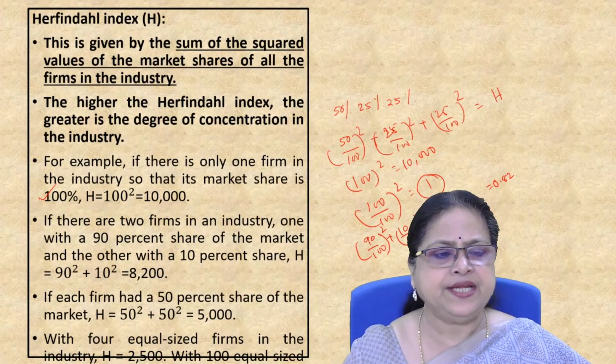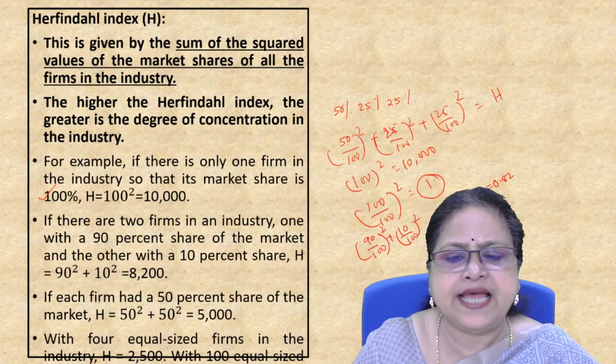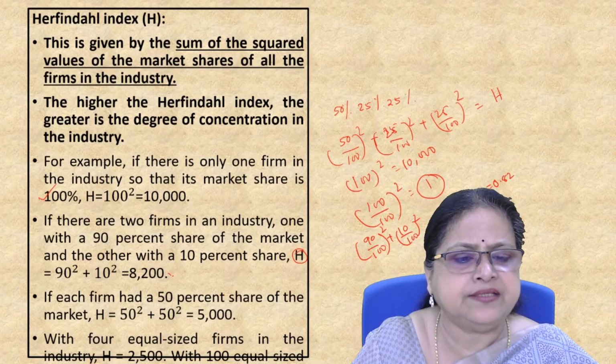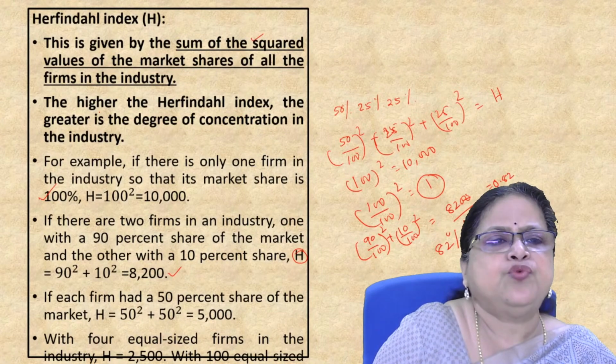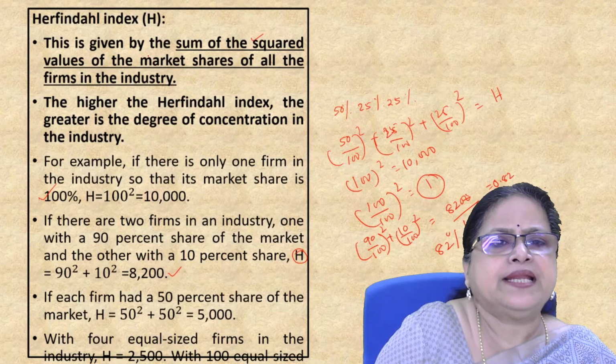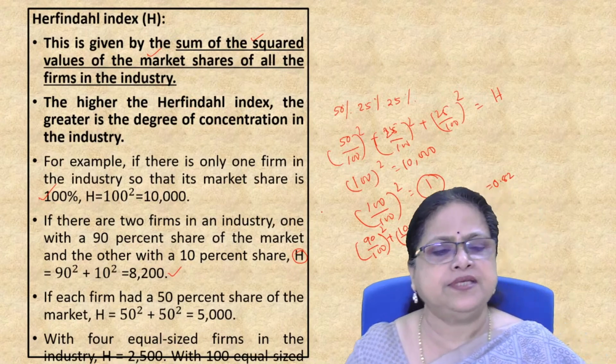So the Herfindahl index can be measured like this, or we can go through the definition, that is the sum of the squared values of the market shares of all the firms in the industry.